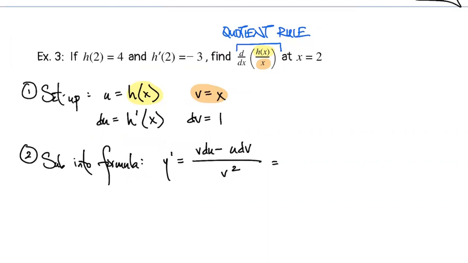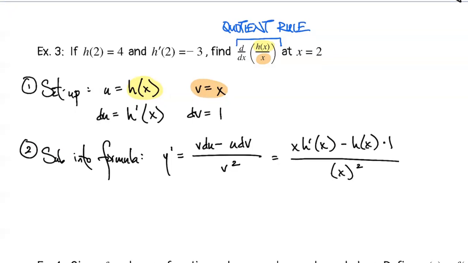So this is going to be x times h prime of x minus h of x times 1, all over x in parentheses squared. We've just subbed into the formula, and now in our last step, we're going to plug in our numbers and simplify.